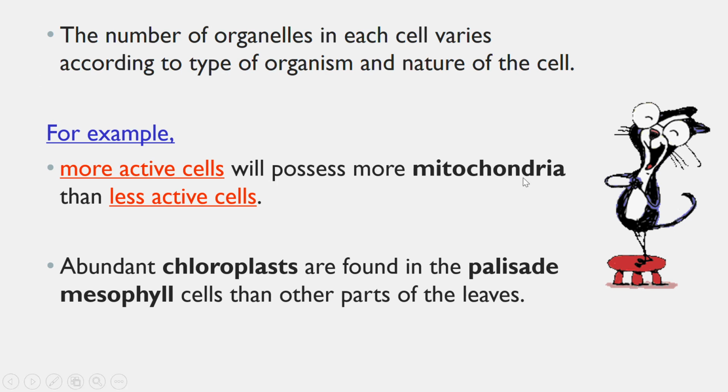Mitochondria, the powerhouse, the site of cellular respiration. So more active cells like the sperm cells just now, the meristem cells in the plants just now, will have more mitochondria. So the keyword is more. Okay, chloroplast, more in palisade mesophyll cells as compared to other parts of the leaf, because of the function of these palisade mesophyll cells at the leaf to absorb the maximum amount of sunlight.